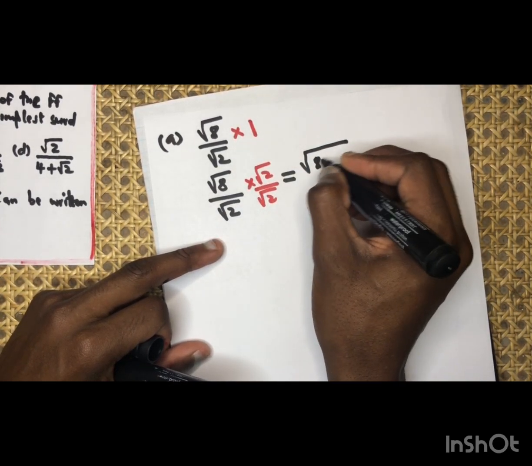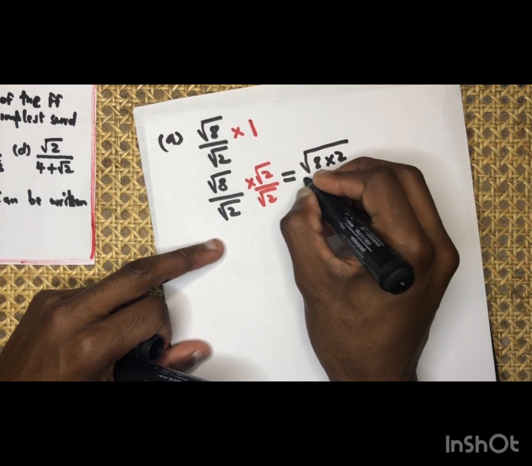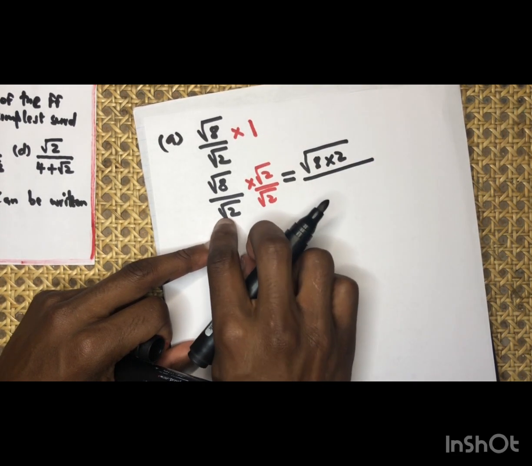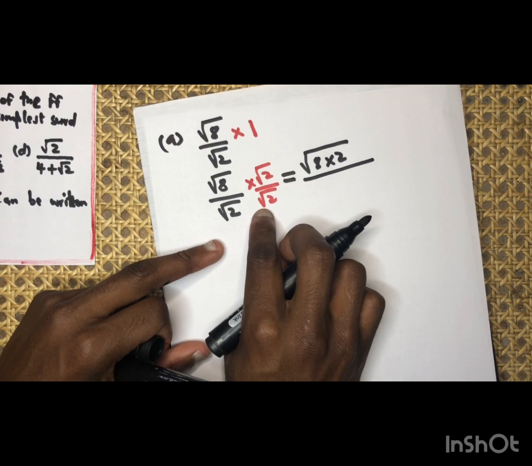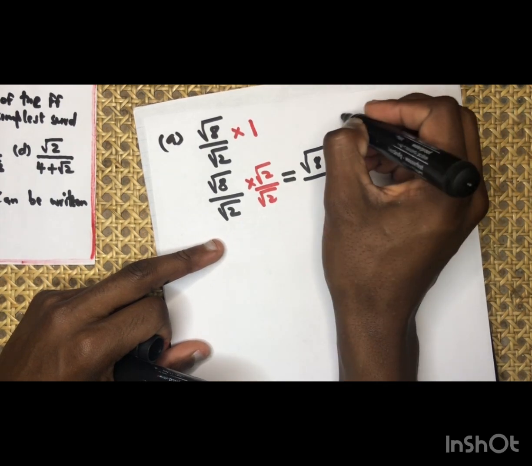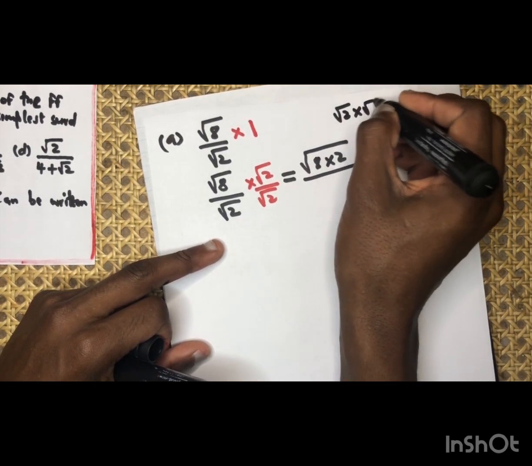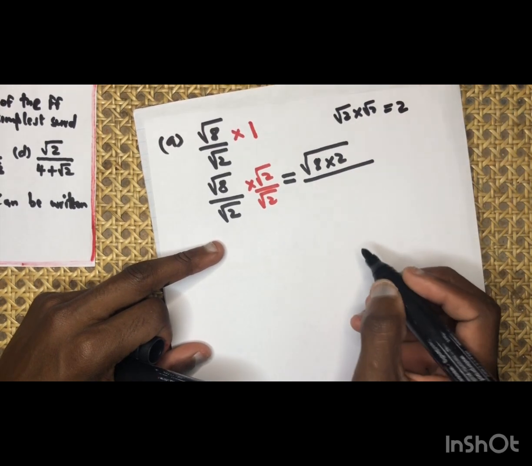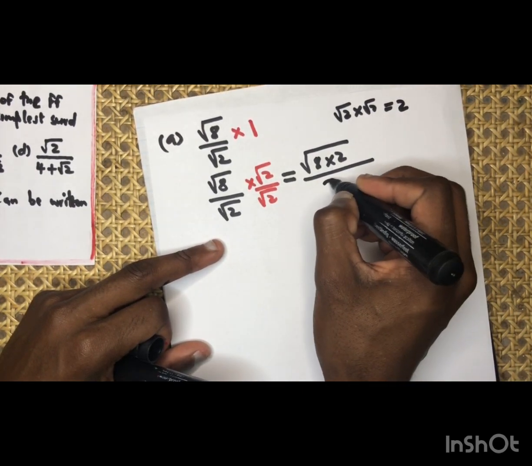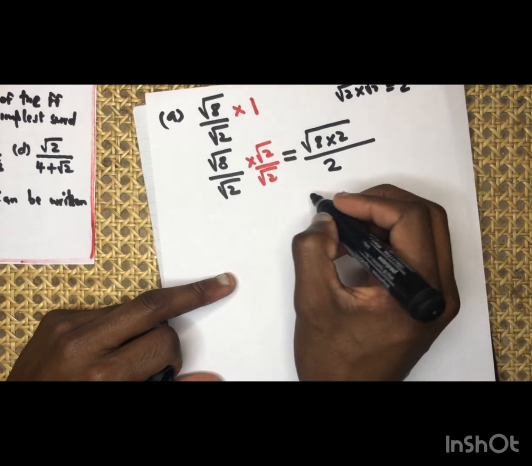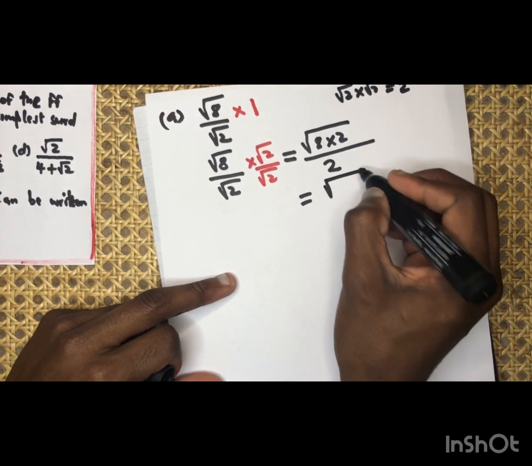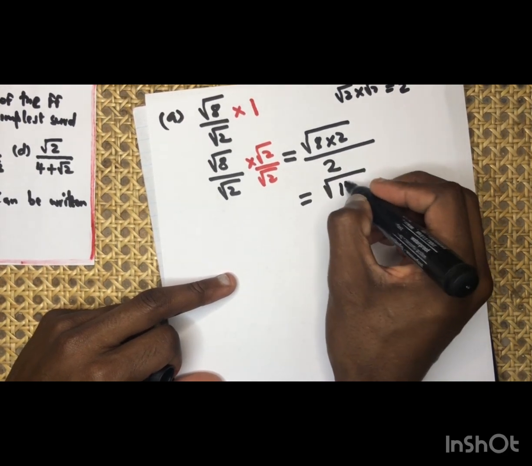So this is root of 8 times 2 over, root 2 times root 2 gives us 2. Understand? So here we're going to have 2. So 8 times 2, we get 16.